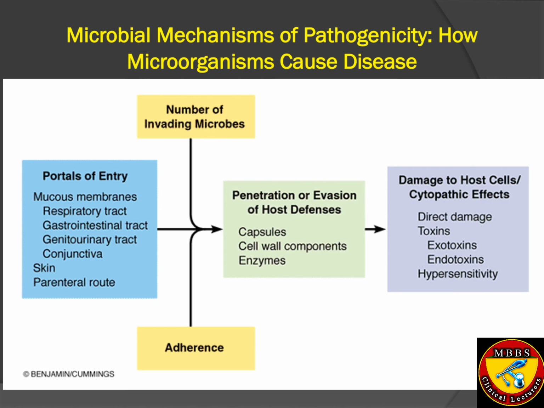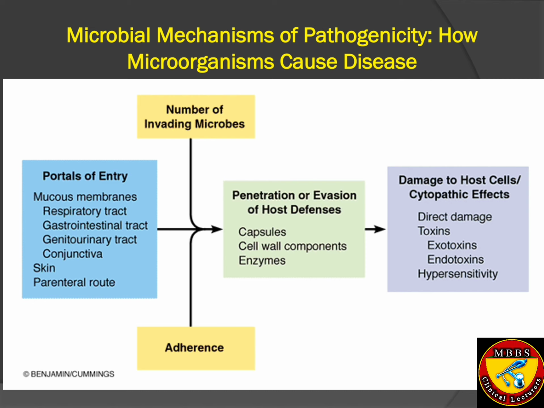Okay, this we discussed in the previous class as well, that the number of invading microorganisms is very important once they gain entry into the host cells by means of either mucous membrane, respiratory tract, genitourinary tract, conjunctiva, skin, or parenteral route, whatever is the portal of entry.